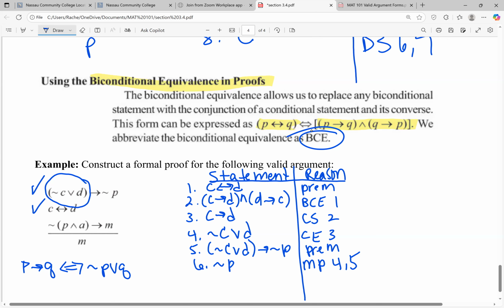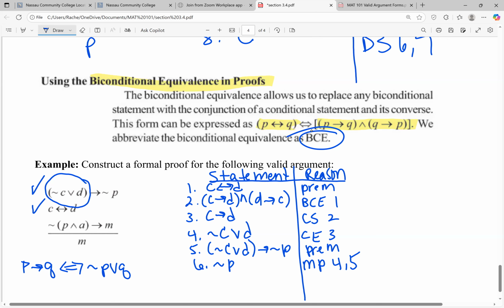Because my conclusion is M, and I see the right-hand side of that conditional statement is M. So I'm thinking maybe modus ponens, right? If I could somehow state that the left-hand side of that conditional, not P and A, is true, then I could use modus ponens and that'll lead me to M. But I have to somehow do that with P.